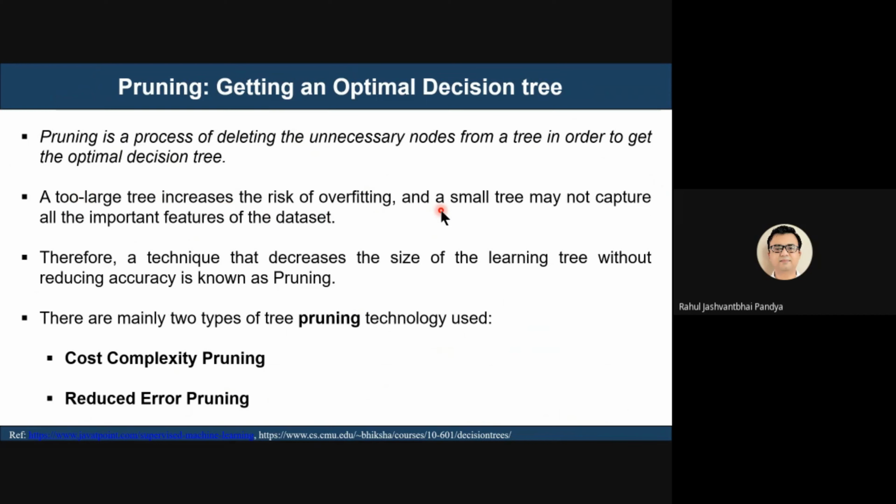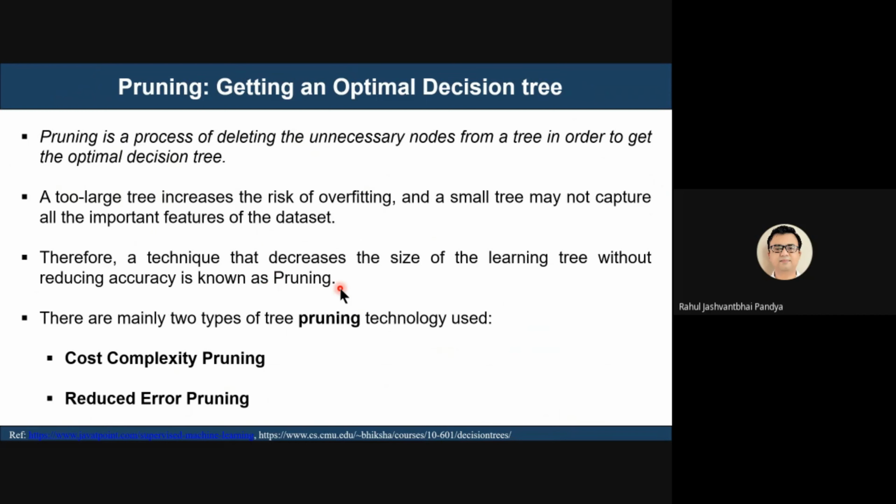And sometimes the tree is very small and may not capture the important features of the data set. If the tree is too large, overfitting is the trouble. If the tree is too small, it may not be able to capture the features of the data sets. Therefore, the technique that decreases the size of the learning tree without reducing the accuracy is known as pruning.